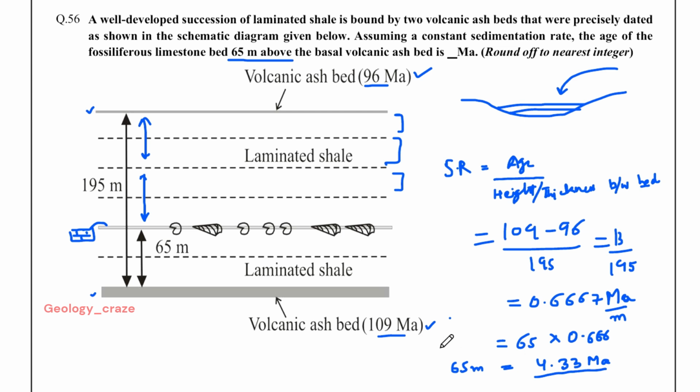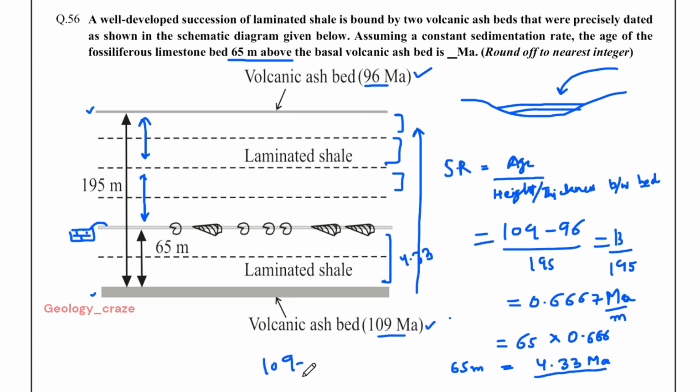One basic concept is that here we have 109 and here we have 96. On the upper side our ages are getting decreased. For this 65 how much are we getting? 4.33. So instead of adding, we are subtracting this number.